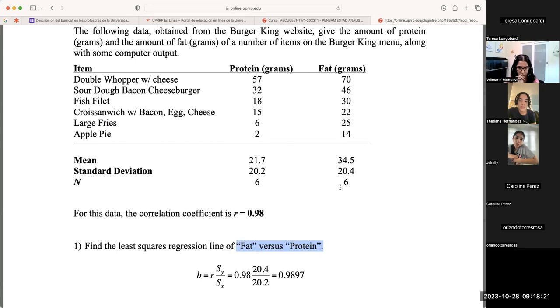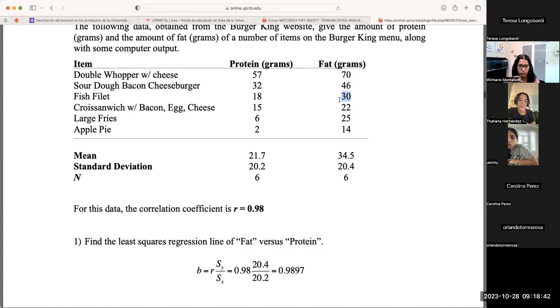Any questions about that? So the first one that I say is always the Y. So this is X. So for fish fillet, it's here, right? So this is the Y for fish fillet. That is observed.